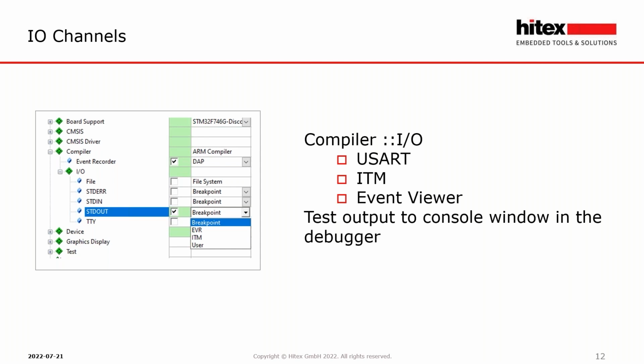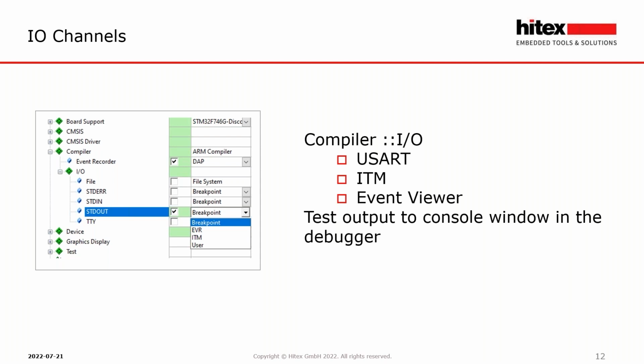But also we have the options for the debugger instrumentation trace. So again, this is part of the standard debug channel in Cortex-M3, M4, M7, so that it acts kind of like a UART that's built into the debugger. So this will redirect all of the output from our test cases to a console window within the debugger so that we can then view and save the results off.